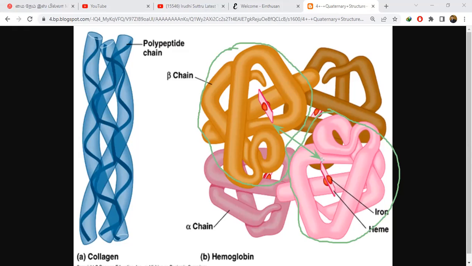Inside means intra. Between means inter. Are you clear? Clear, sir.